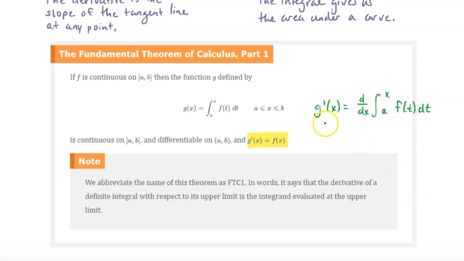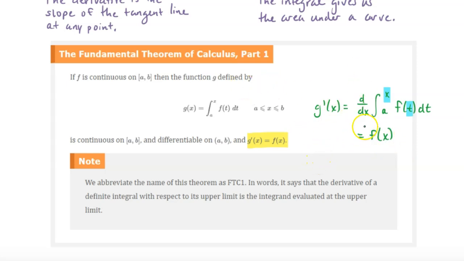And so now what this is saying is that if I take the derivative of both sides of the equation, then the derivative is going to kind of undo the integral because they are opposite operations. And then what happens is that this t right here gets replaced by that x. So this is equal to f of x. That's what our fundamental theorem of calculus states.